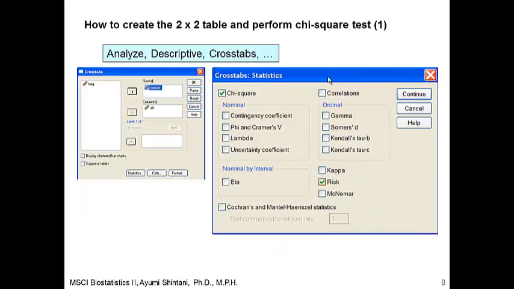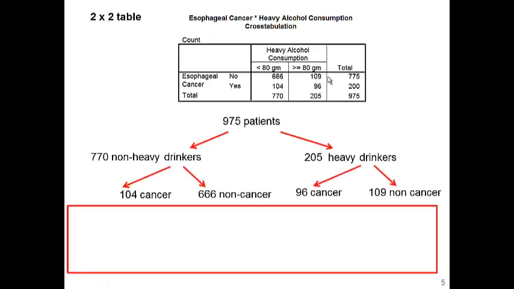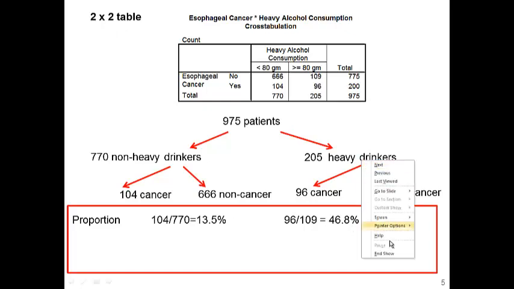We just computed it by hand. It's this one, okay? The probability of having the event within each group is 13.5% and 46.8%. So we can actually get this absolute risk based on logistic regression.